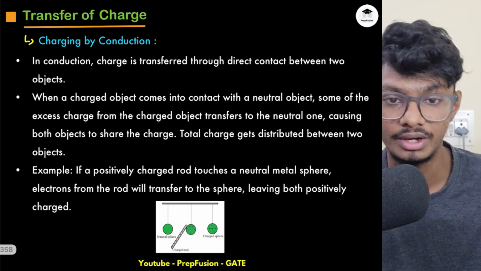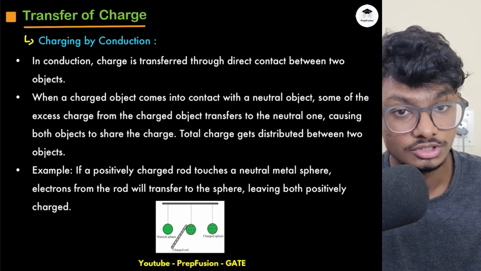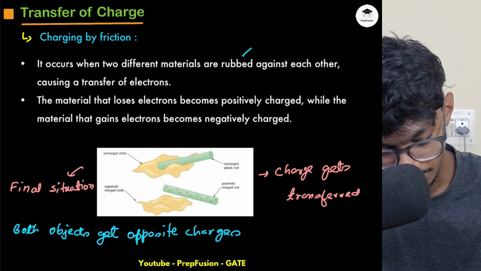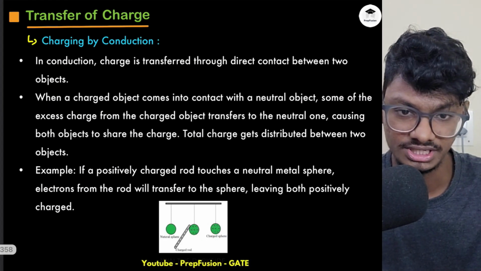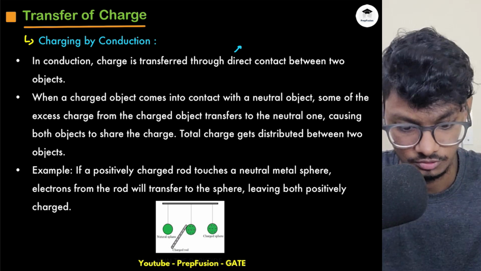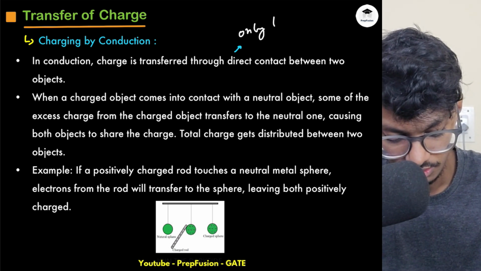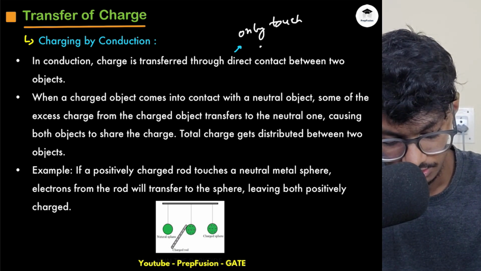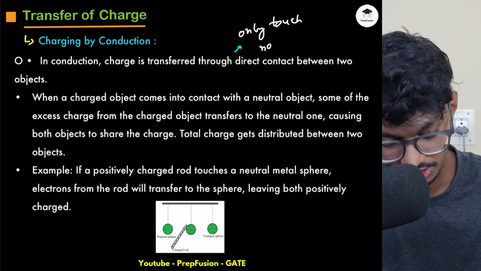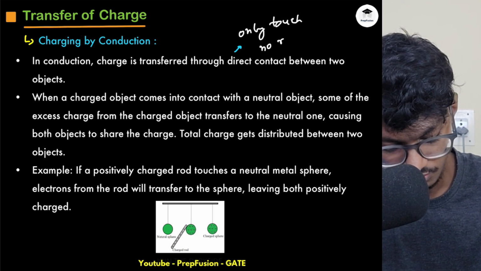Next is charging by conduction. Here, unlike before, we don't rub the two different objects. Okay, we just touch, only touch, no rubbing, and this actually happens between conductors only.